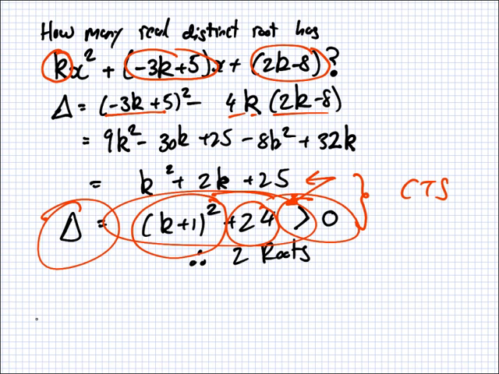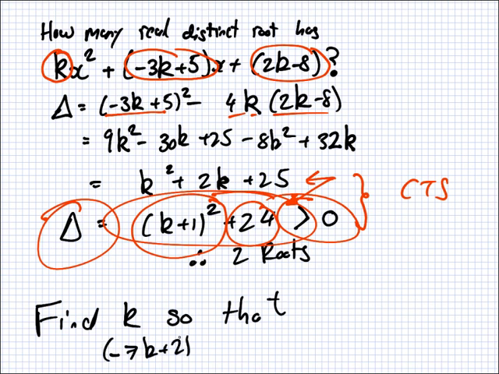Again, I'll give you a minute to see if you can do it. Find k so that minus 7k plus 2 x squared minus 6x plus 1 has no roots.